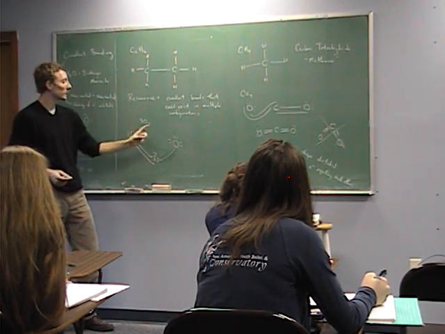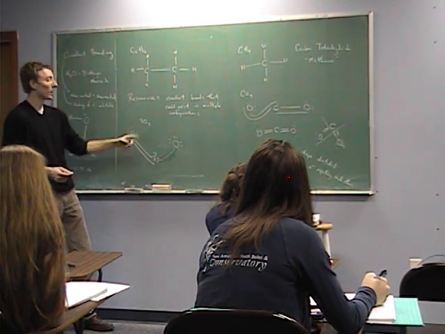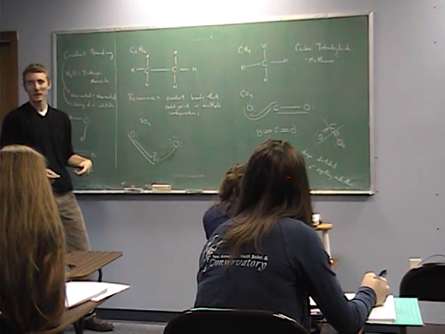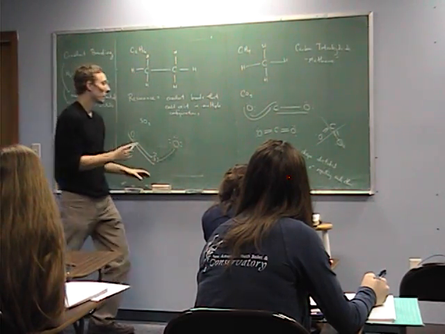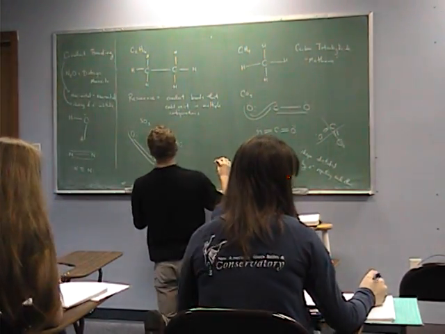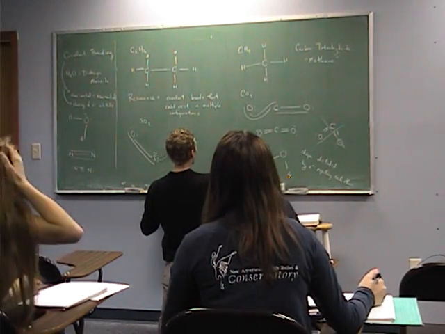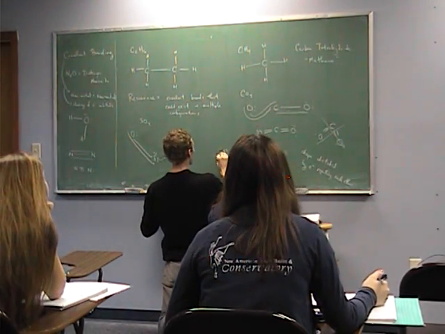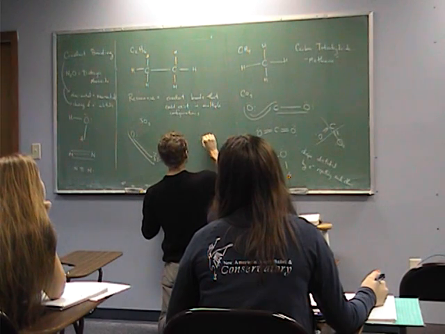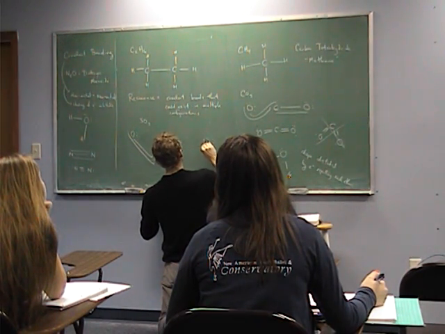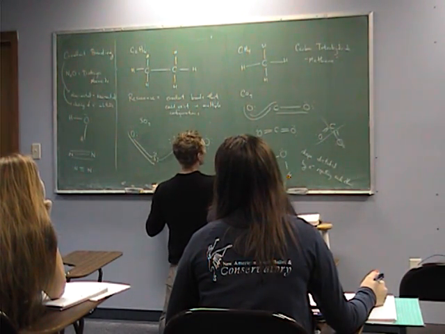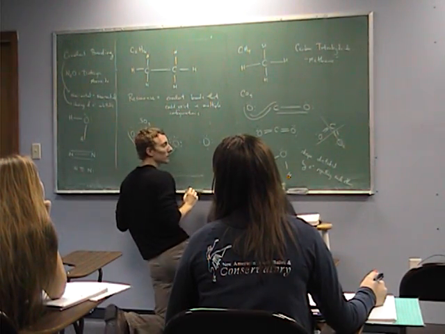Now, who's to say which bonds happen on which side of the molecule? I don't know. I mean, I could have just as easily done this. Here's my sulfur. Here's my 1 oxygen. Here's my other oxygen.